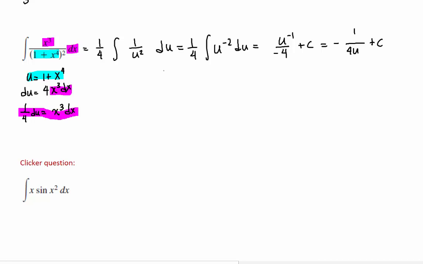And I take back my substitution. Let's make a little box here for my substitution so I can keep writing down here. -1 over 4 times 1 plus x to the fourth, plus c. Okay. And that's your answer.